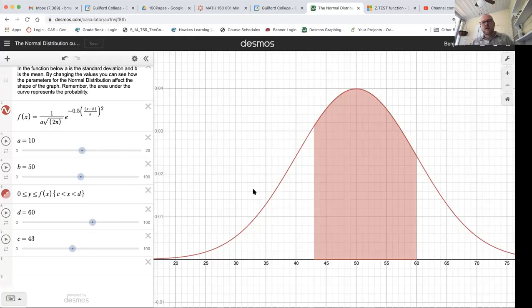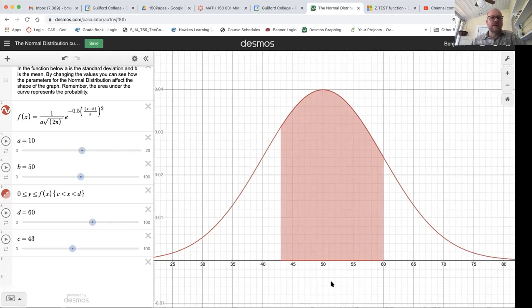Normal distribution is something that we use the hell out of in the sciences. It is a curve that looks kind of like this. It's a bell-shaped curve, and the total area under that curve ends up being 1.